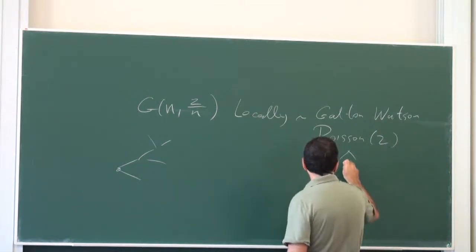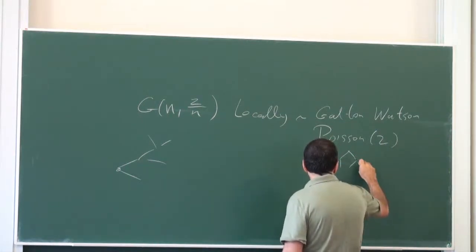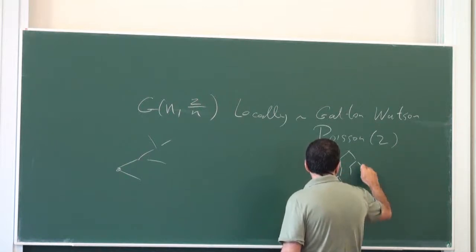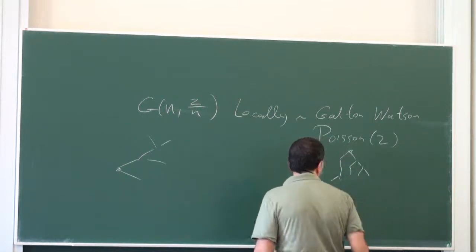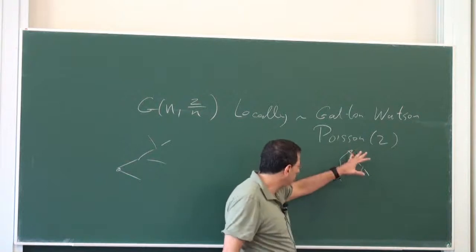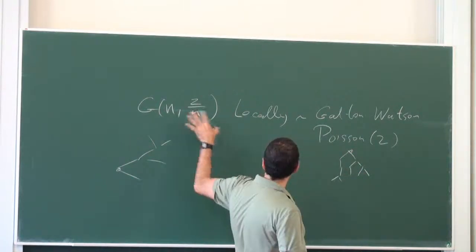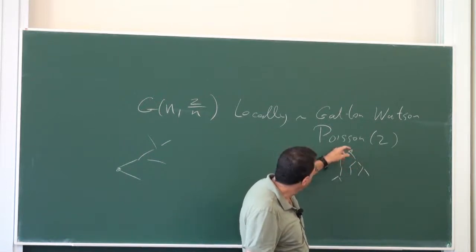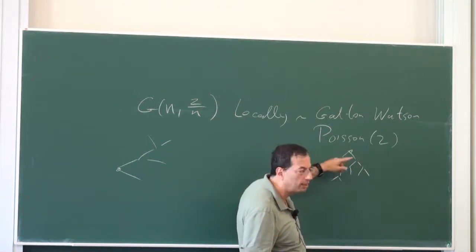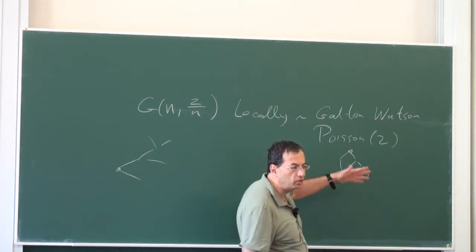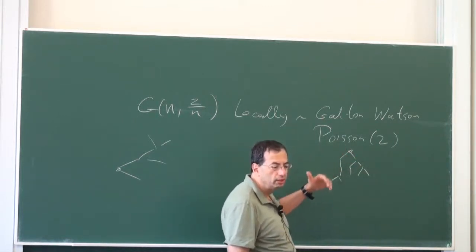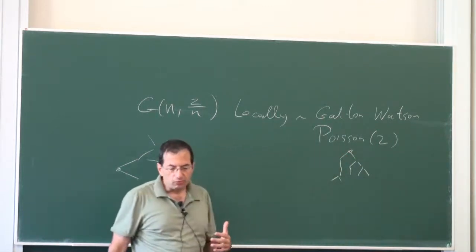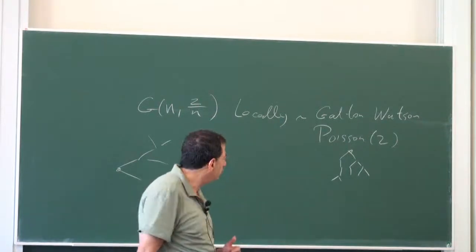So you have a Poisson 2 number of children in this tree. The graph locally around the vertex looks like a Poisson 2 tree. And to understand the random walk on this graph in its initial stages, you want to understand random walk on this tree. So let me indeed start with this example.